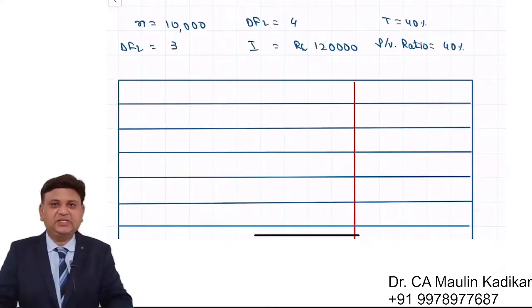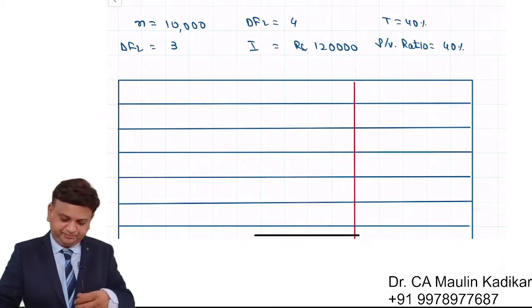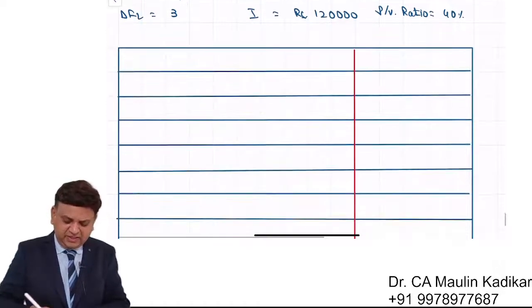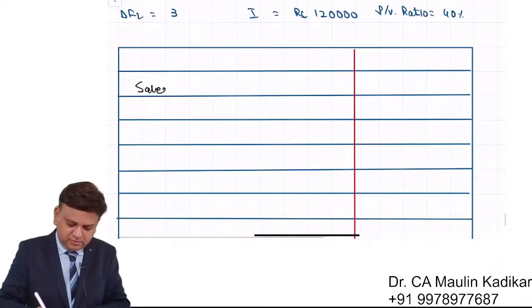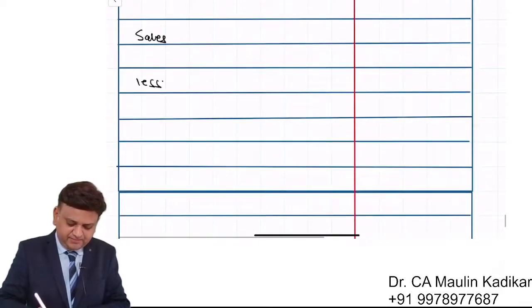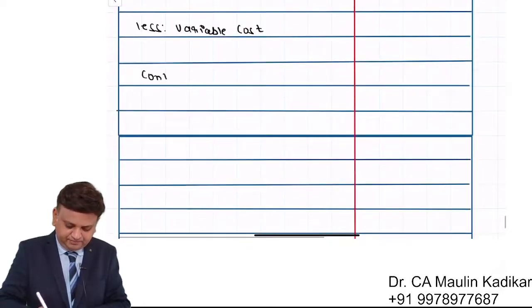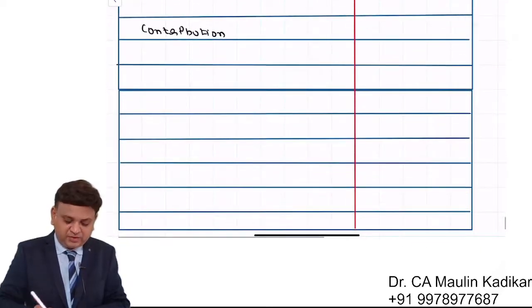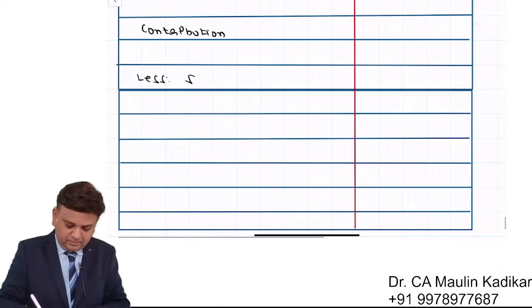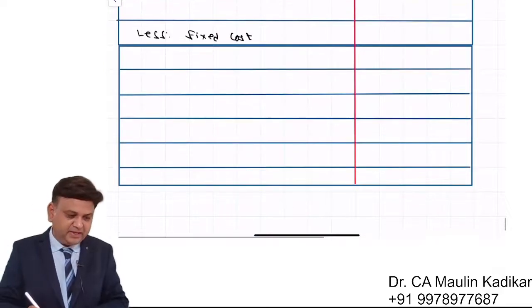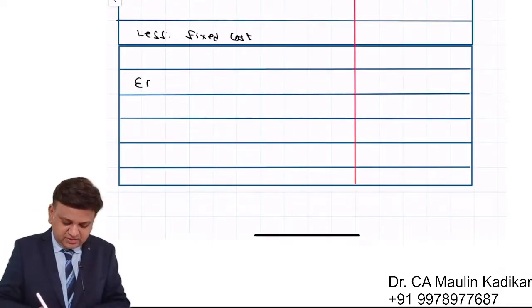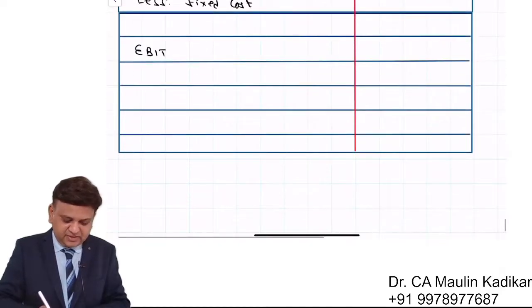Dear students, the question says that you are required to calculate the sales and EPS. So basically we have sales. From that, the variable cost is deducted. The difference of both of them is contribution. From that, fixed cost is deducted. That will give us EBIT, earning before interest and taxes, minus interest amount.